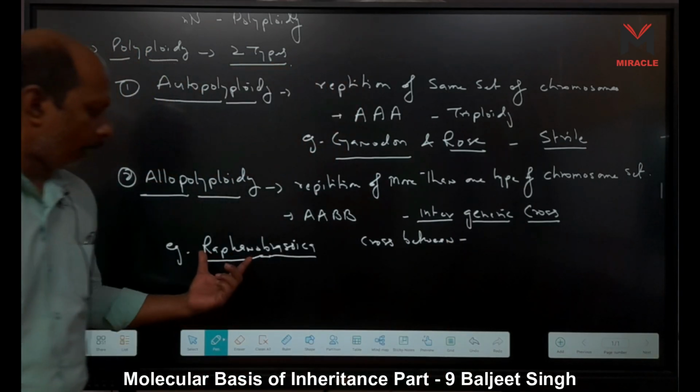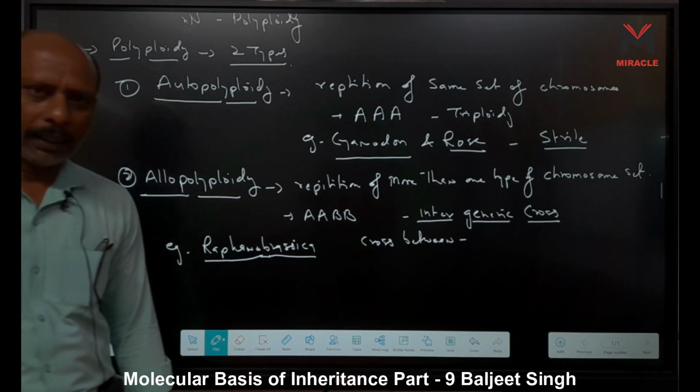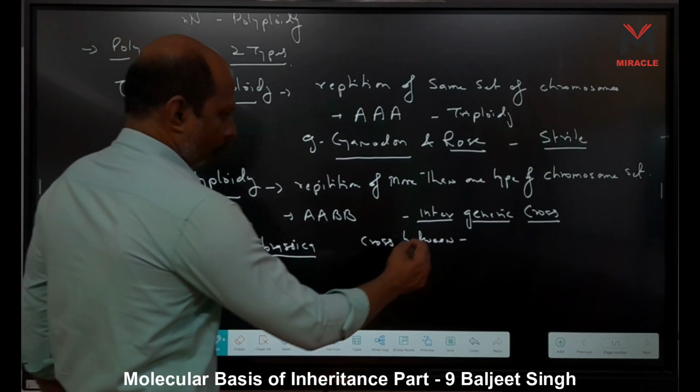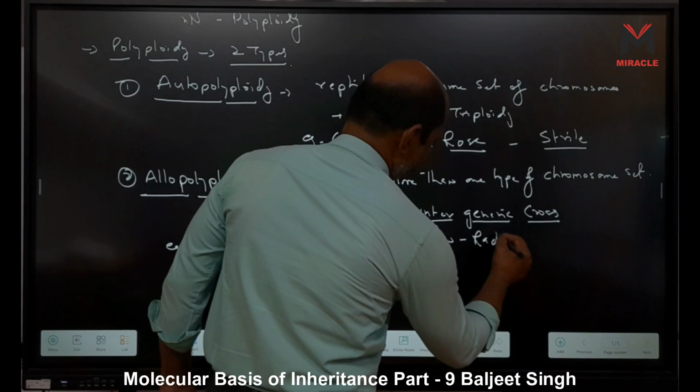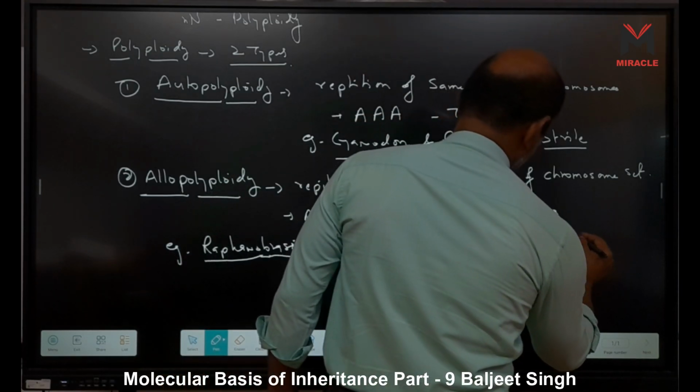between, look, Raphano means Raphanus, the radish. Raphanus sativus is a cross between radish and cabbage.